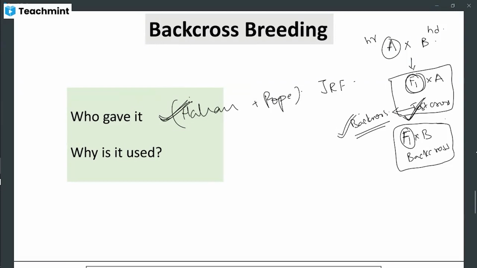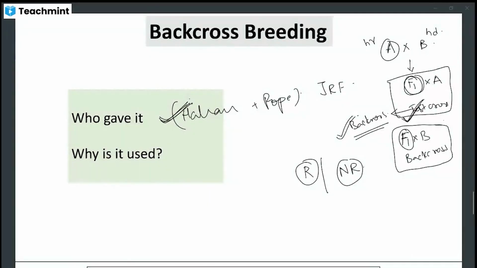Before entering into the breeding procedure, two other important terms are recurrent and non-recurrent. What do you mean by the word recurrent? Again and again.